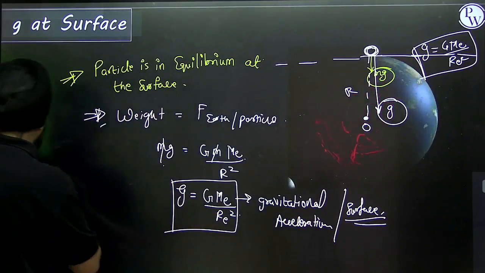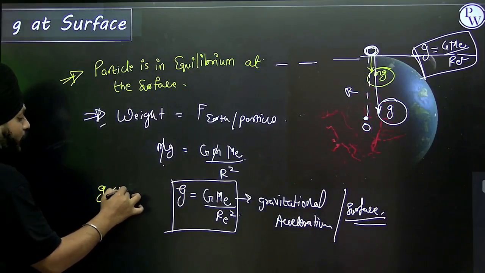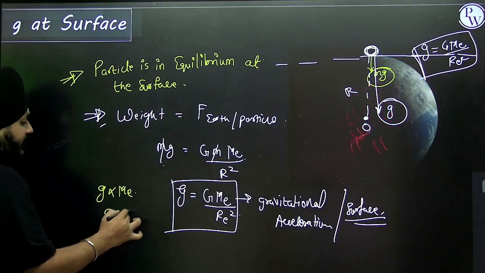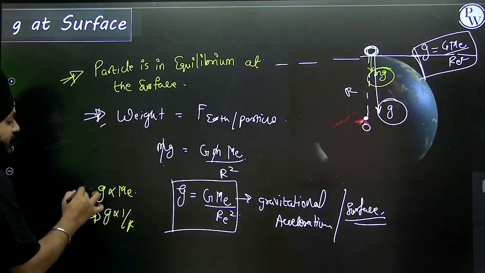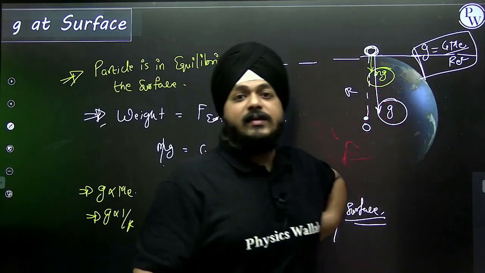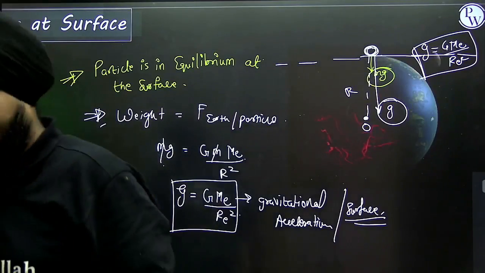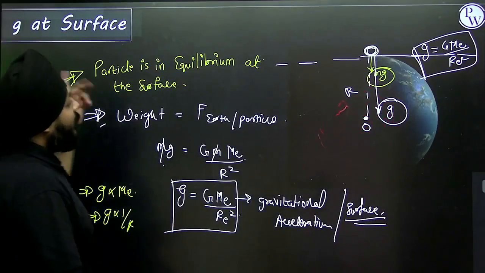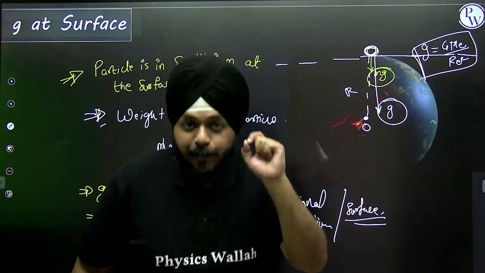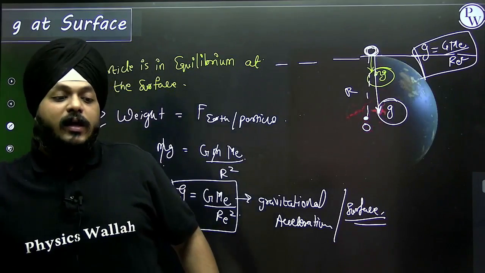This value of g is directly proportional to the mass of the earth and inversely proportional to r. If r changes, g will change. If the mass of the earth changes, g will change. This is important stuff: how the value of g gets changed.